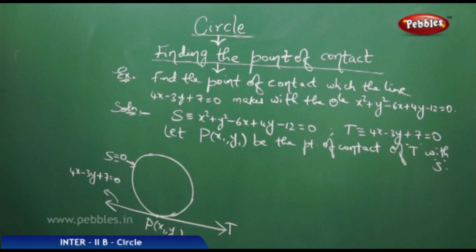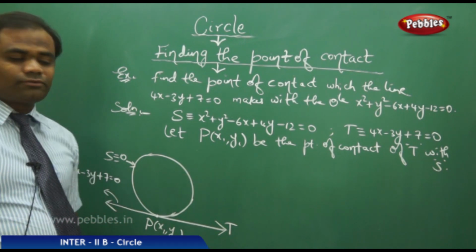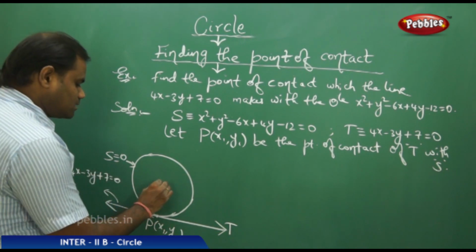With the line given, now let's find the equation of tangent for this circle S equal to 0.